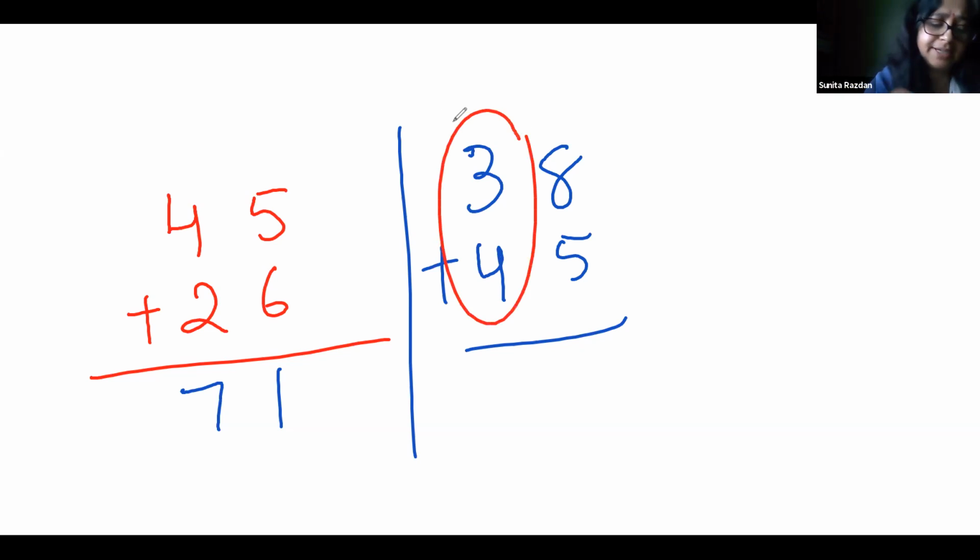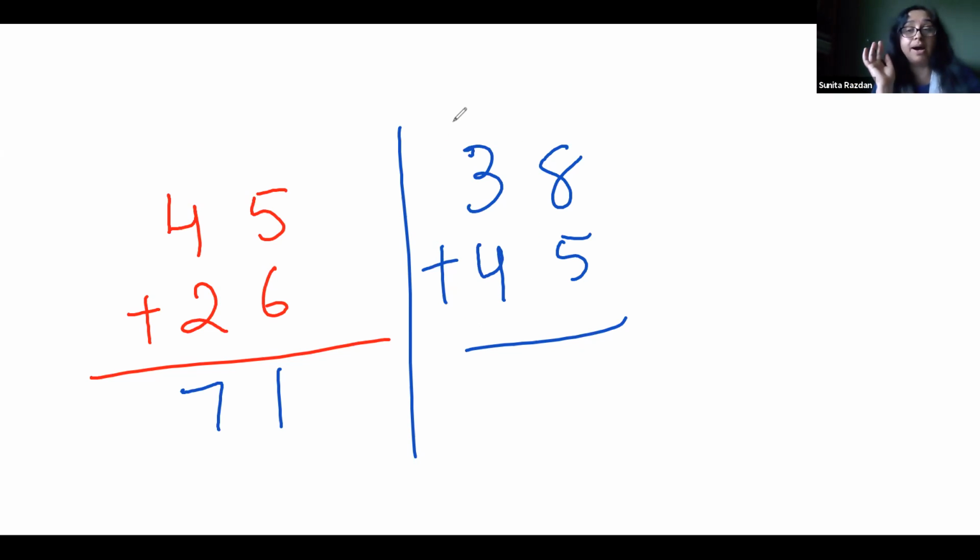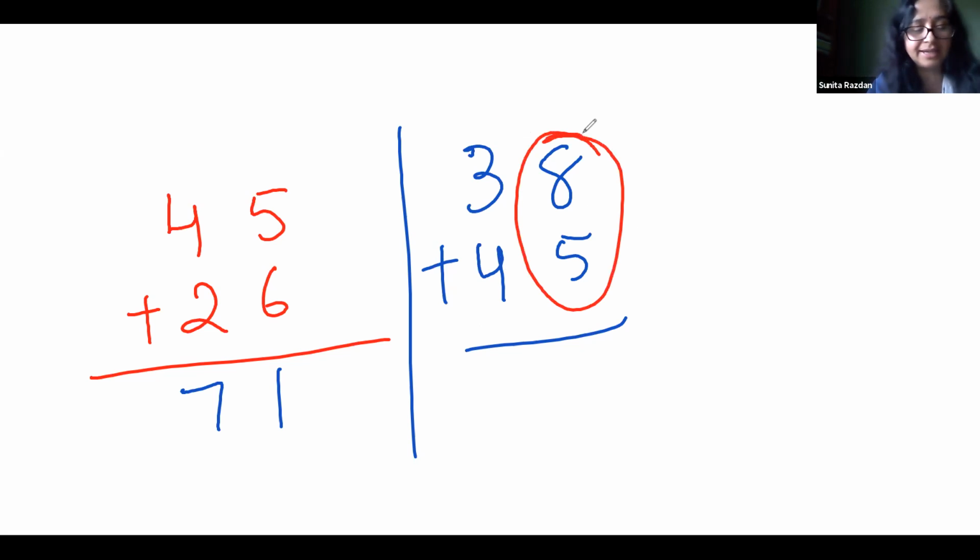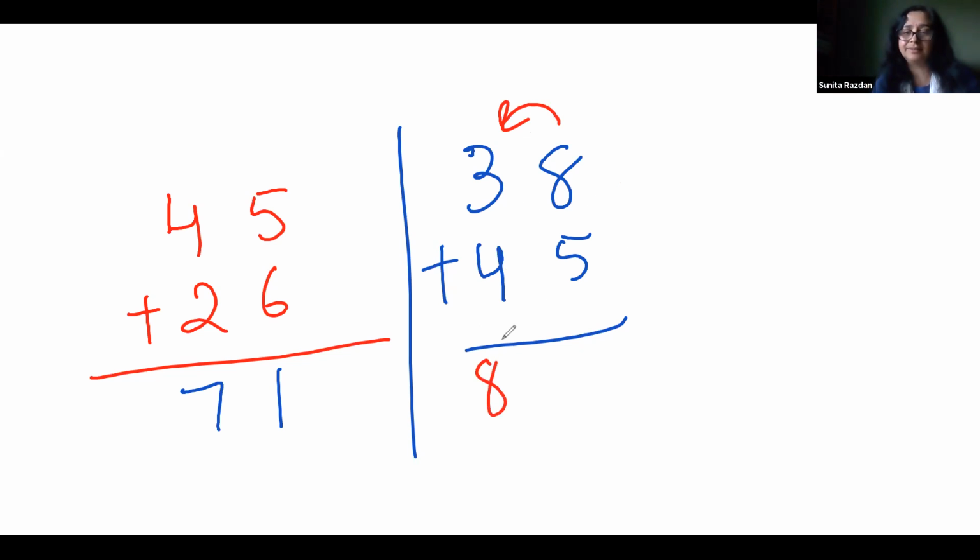So 4 plus 3 is 7, keep that in mind, and think, 8 plus 5 is what? 13. Then you know 7. Whenever you see a carry, you can just say, okay, 7 and 1 is coming from here, so I will put down 8 here. And then you know that that is 13.